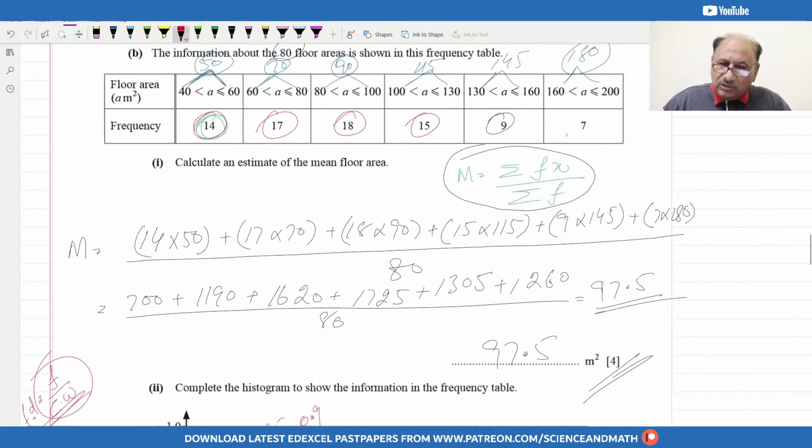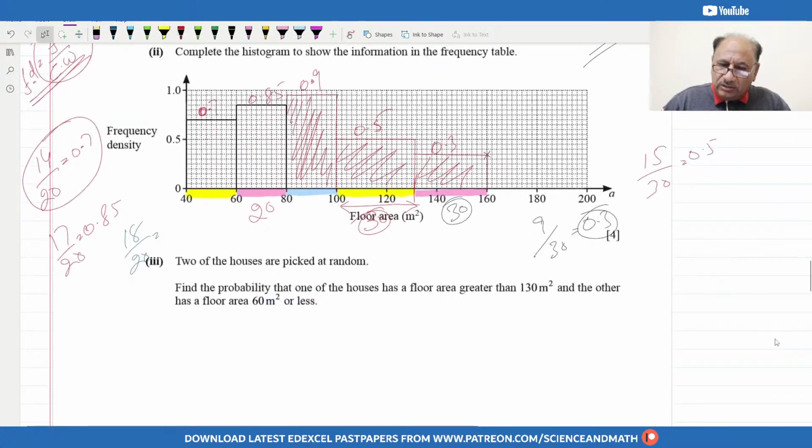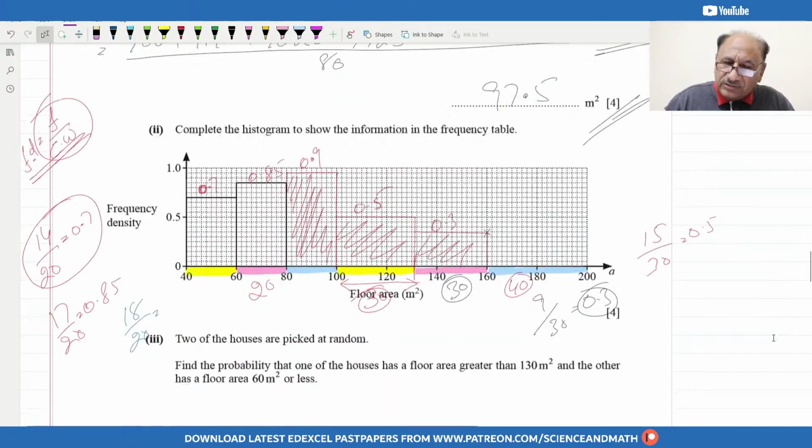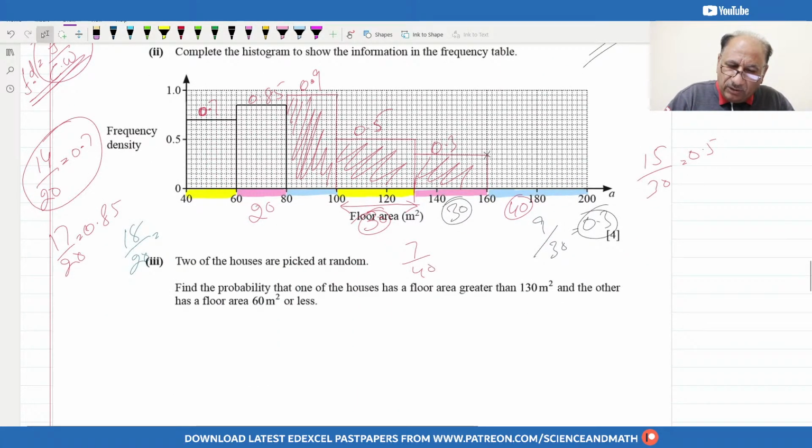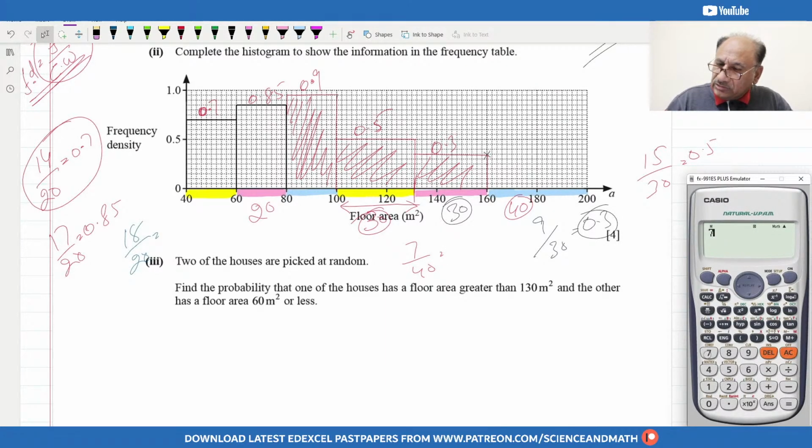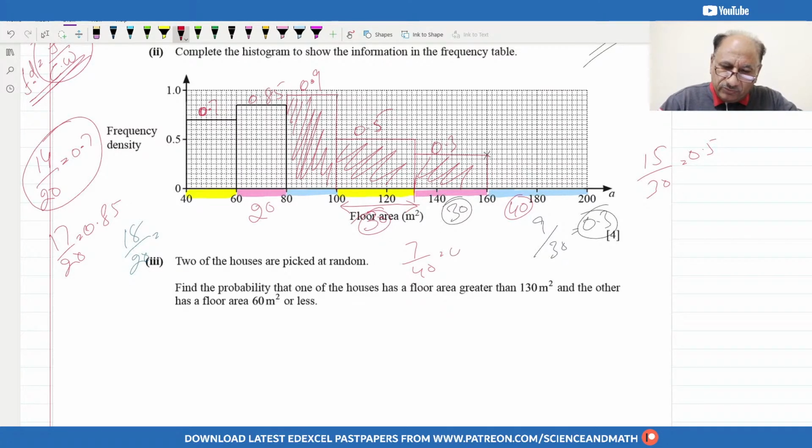Now the last one is 160 to 200, and the width will be 40. So with this 40 width, we divide 7 by 40, which is equal to 0.175. The height is 0.175.